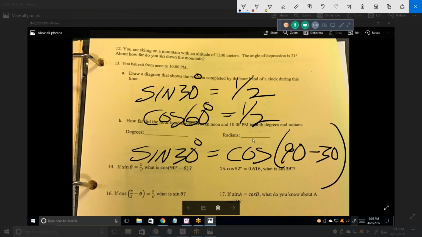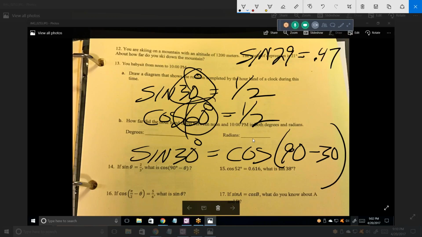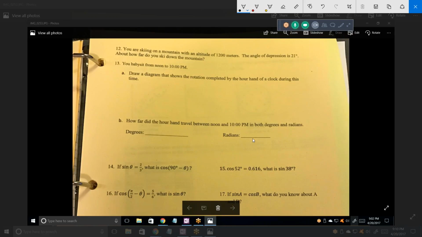So whatever the sine of that angle is, the cosine of the complementary angle is the same number, always. In other words, if I told you the sine of 29 degrees was 0.47, then the cosine of 61 degrees is 0.47 also. That makes sense. So that's just cofunction properties. That's not too bad.